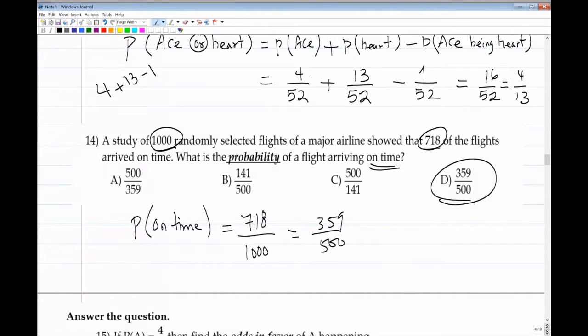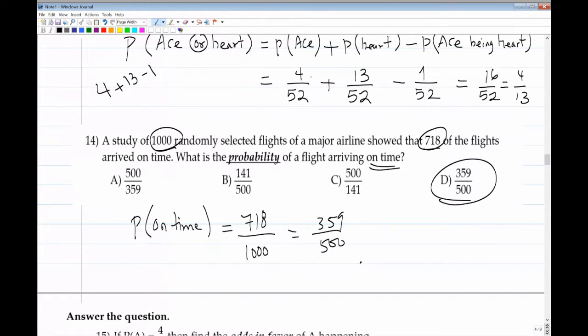That's if the question asks how many arrive on time. If I want to find out how many are not arriving on time, then I'll subtract to find the difference. I'll say 1 minus the probability right there, and that will give me the ones that are not arriving on time.